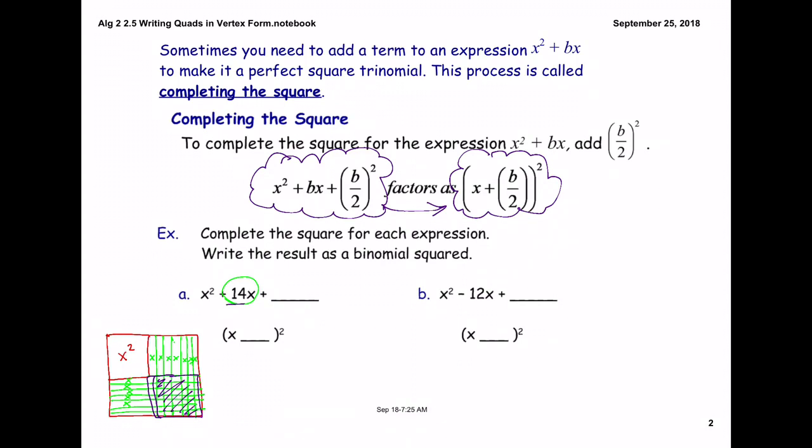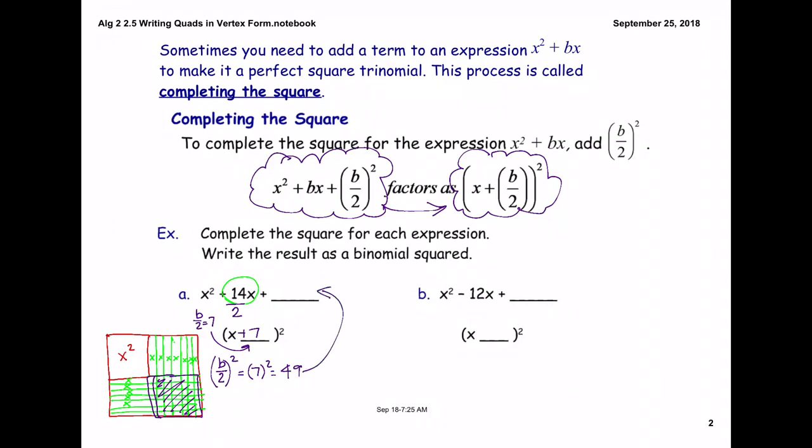So if we divide 14 by 2, we get positive 7. So b divided by 2 equals 7, which goes in this blank right here. And then b divided by 2 squared, so 7 squared equals 49.